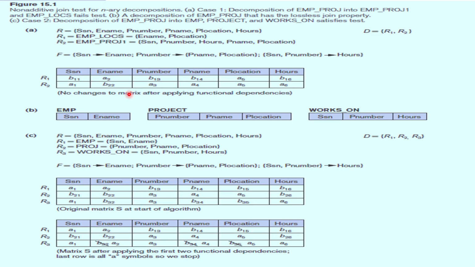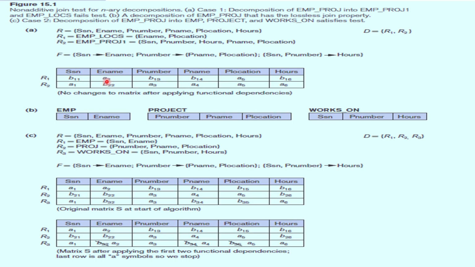After initializing, next you have to check the attributes of each relation. In R1, the attributes are ename and plocation, so those values you have to change. Instead of B, now you take A of j, where j just means the column name.